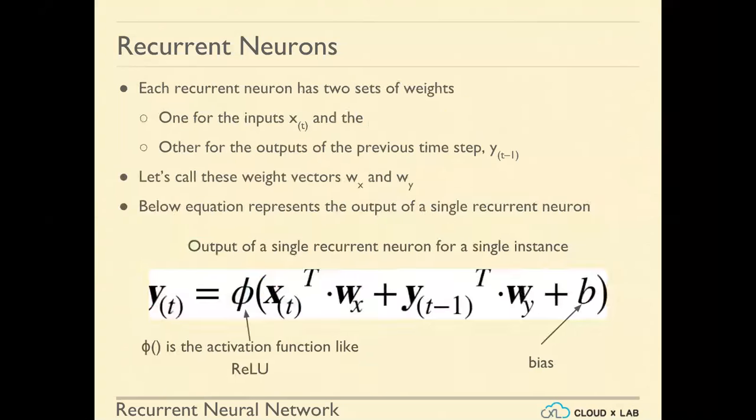All right. So now let's take a look at the calculation. Don't get intimidated by this. This is actually pretty simple. So each recurrent neuron has two sets of weights. The weights that are applied on the input, and the other for the outputs. Okay.